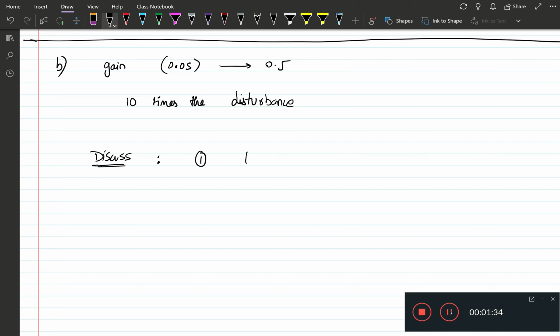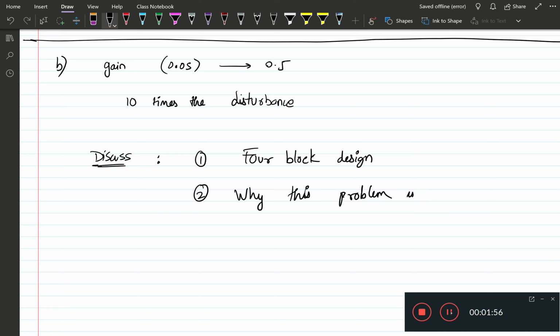One is the 4-block design, which we should use for designing the controller for this harder problem, and I want to discuss why this problem is hard, or in other words, nail down why it seems impossible to find a controller that achieves both the tracking objectives and the input disturbance rejection objectives while maintaining the input constraints at the same time.